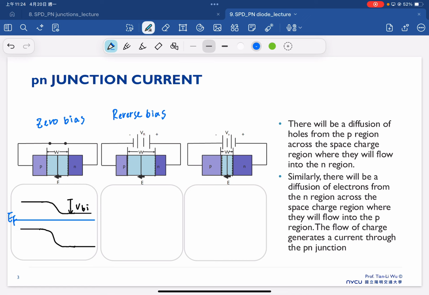We use the concept of the quasi-Fermi energy, where we have the EFP here and the EFN here. The difference between EFP and EFN is determined by our reverse bias.